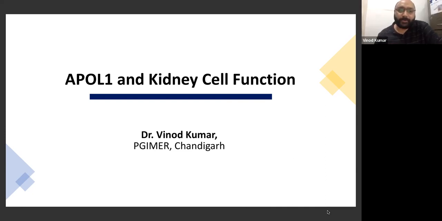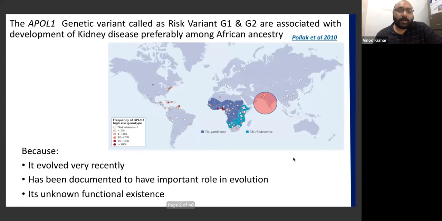Good evening to all. I'm Dr. Vinod, and I'm going to present about the APOL1 protein and its role in kidney function. The role of APOL1 in our area, our country or this continent is not that relevant, because this protein is functional or associated with kidney disease only when it has mutations, which we call G1 and G2, and these mostly belong to African ancestry.